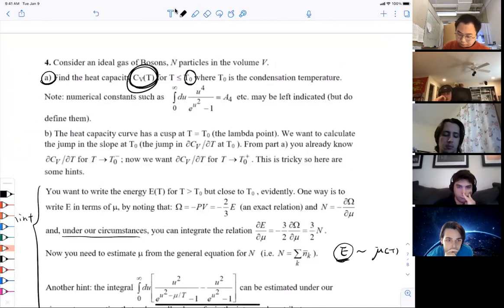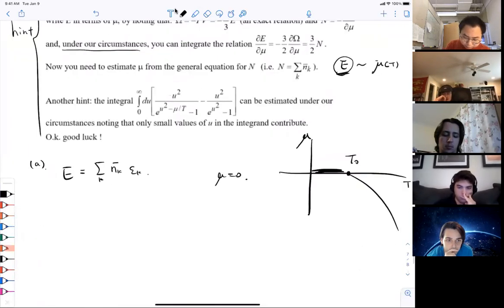So that means if you do this integral, there will be some unknown parameters in your final result. You want to replace these unknown parameters using known parameters like T naught.